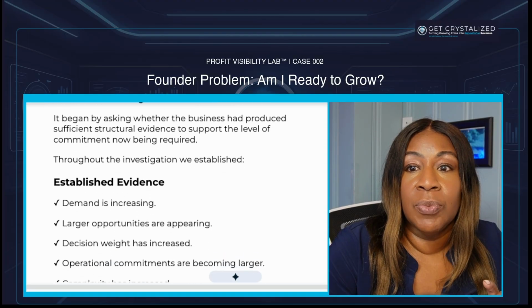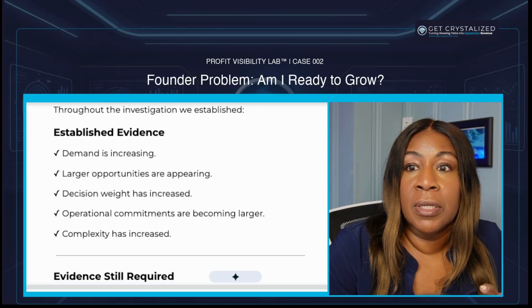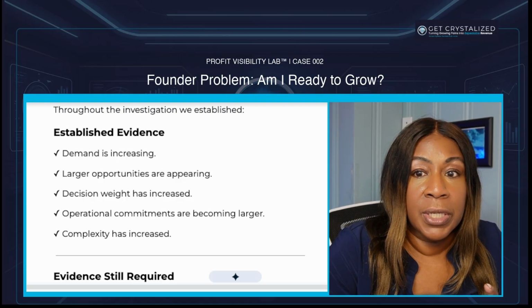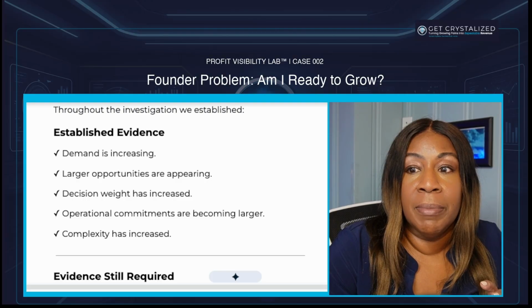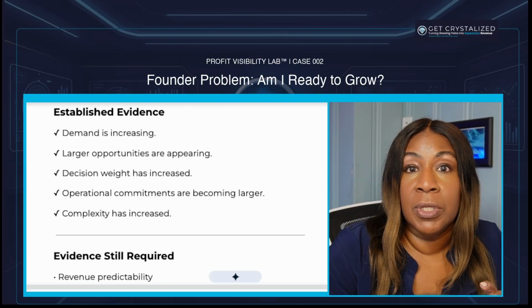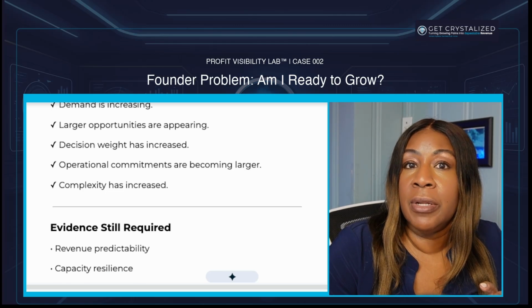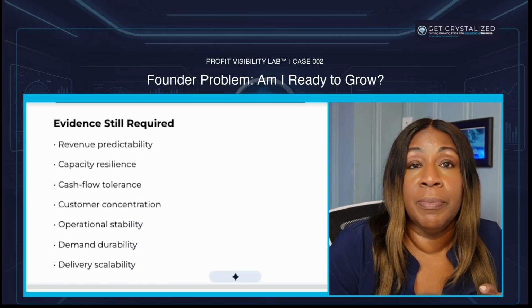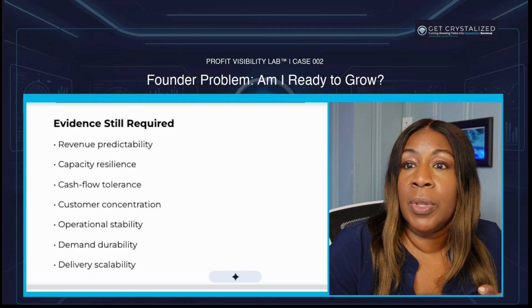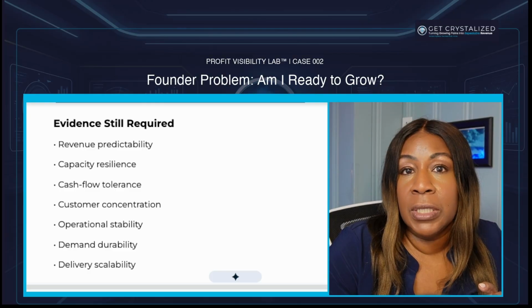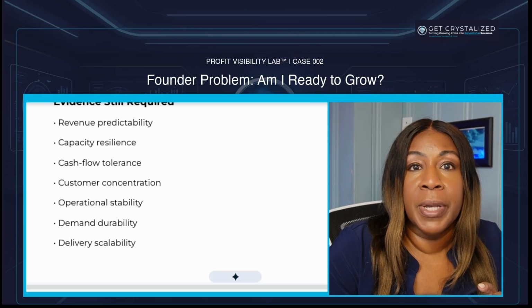Throughout the investigation, we established some evidence that demand is increasing, that larger opportunities are appearing, that decision weight has increased, that operational commitments are becoming larger, and that complexity has increased. We know this. We slowed down enough to know that. But we still have unknowns, and this will be the case. Revenue predictability is unknown, along with a lot of these other things we mentioned previously around operations.